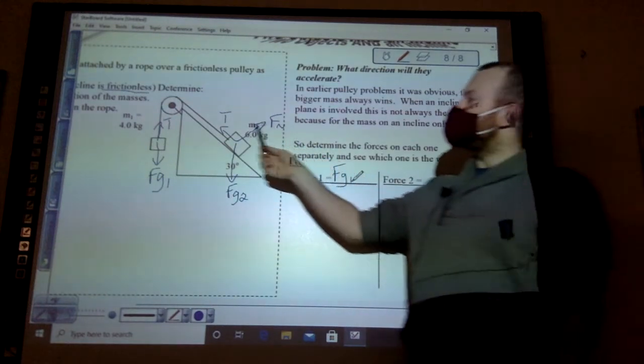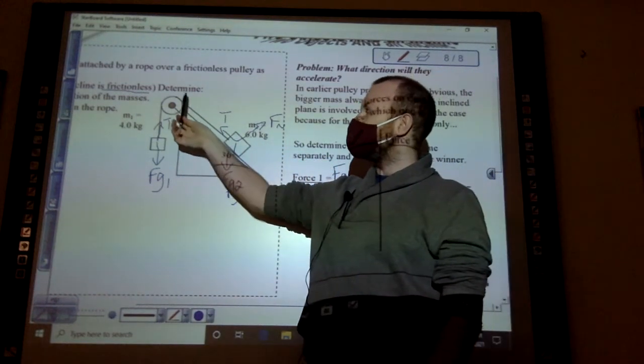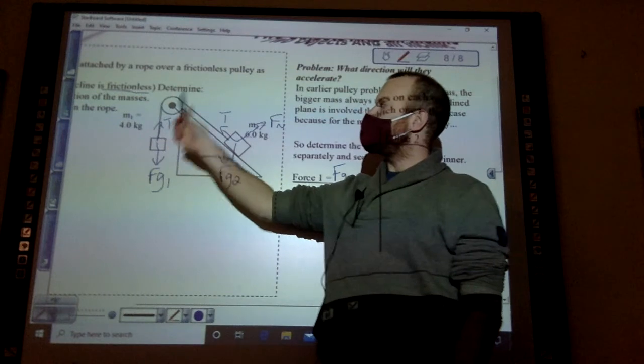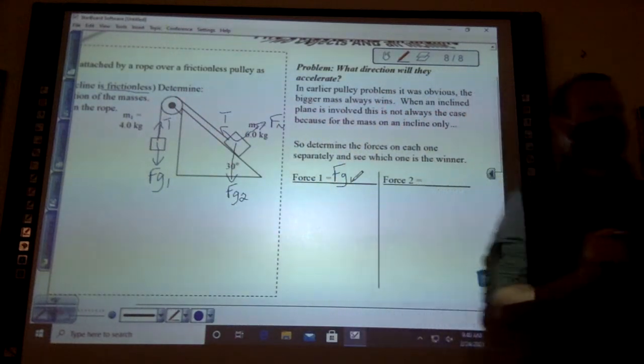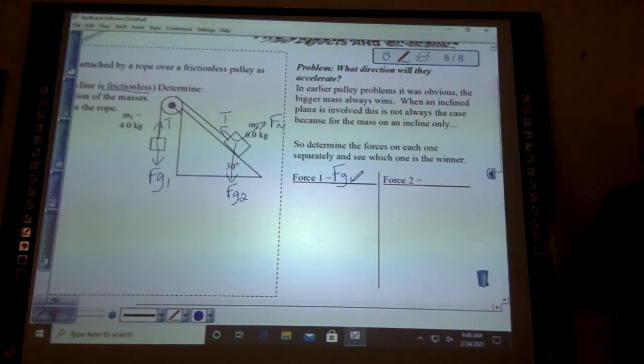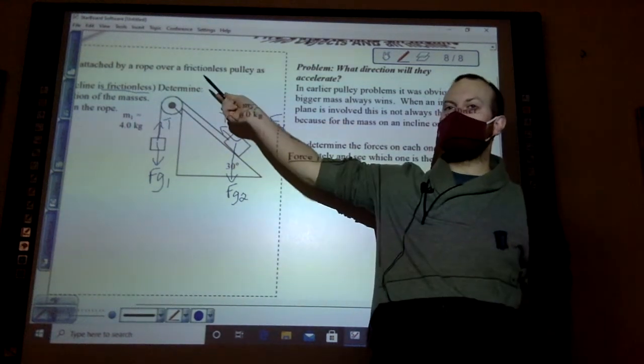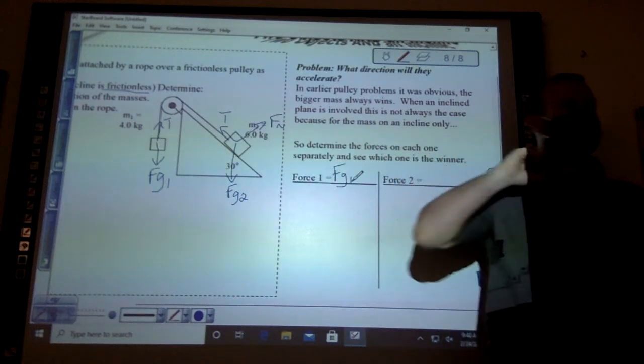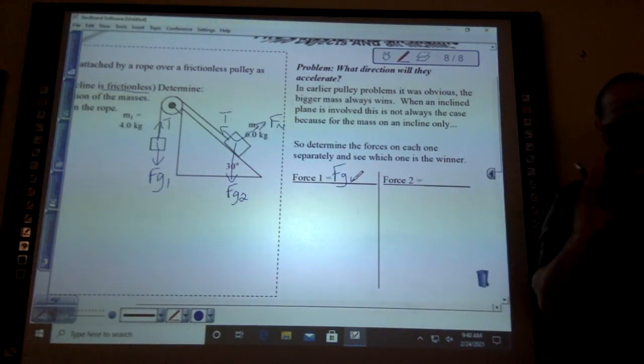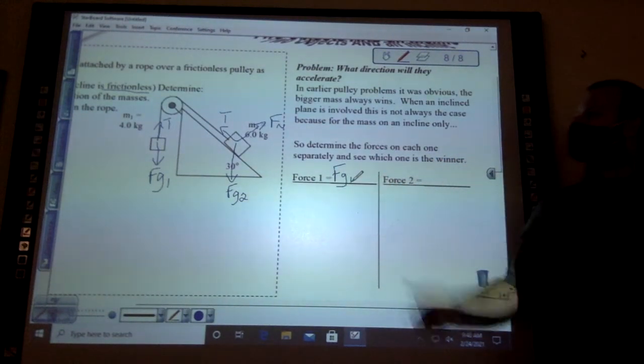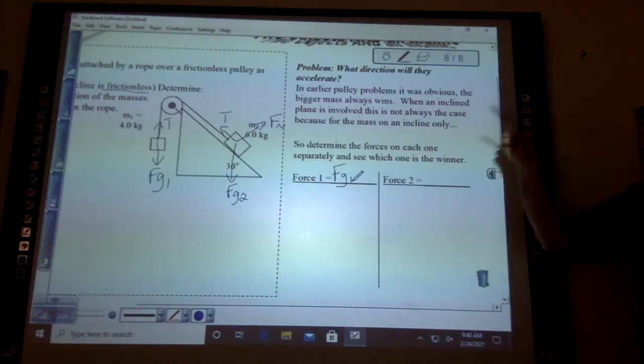So yes, the tension here is moving in that direction, but because it's canceled out with the other tension, I'm just going to ignore it for now. Because tension is an internal force. So we're going to ignore tensions for now. Is that one causing it to go up the incline? No, not yet. That's it. So this is the force that is going to move in the counterclockwise direction.